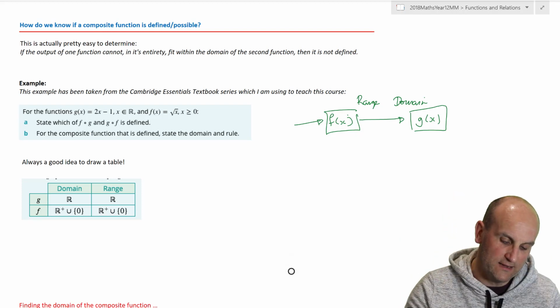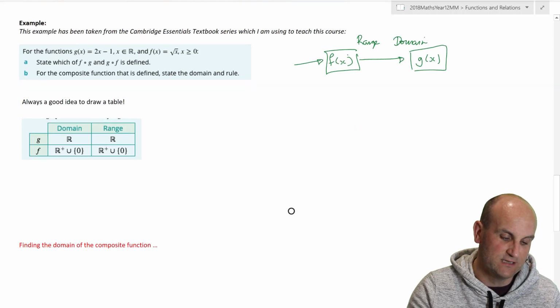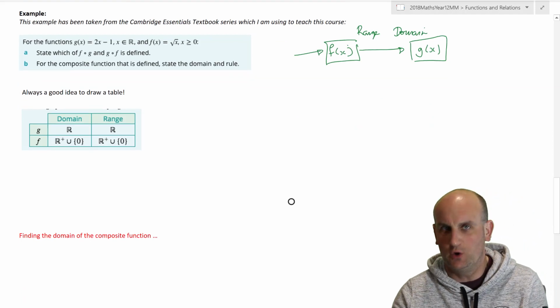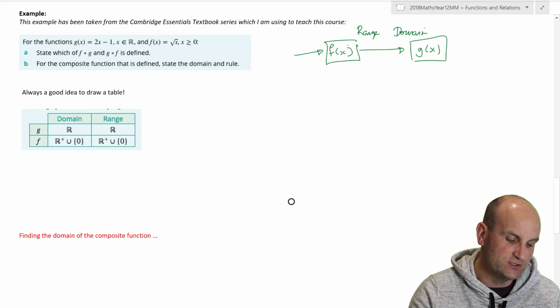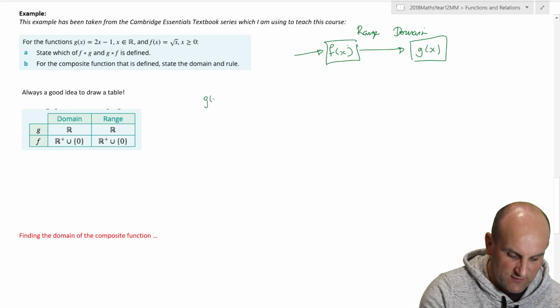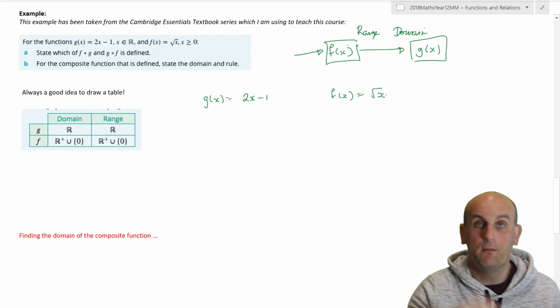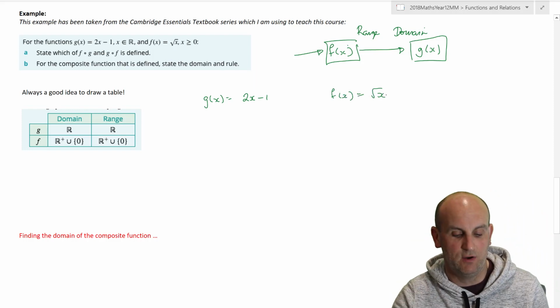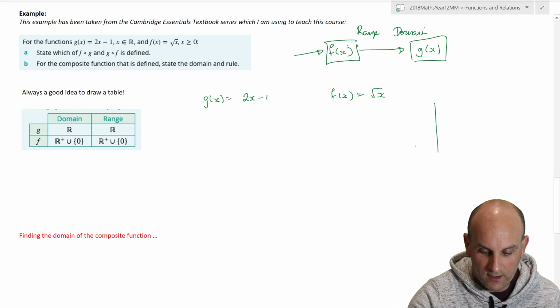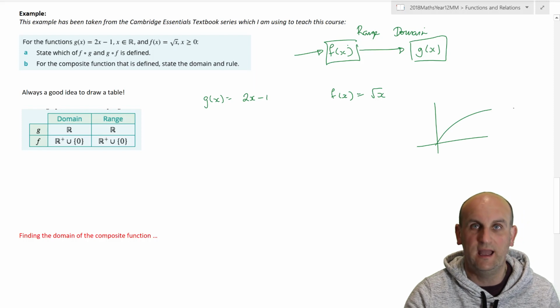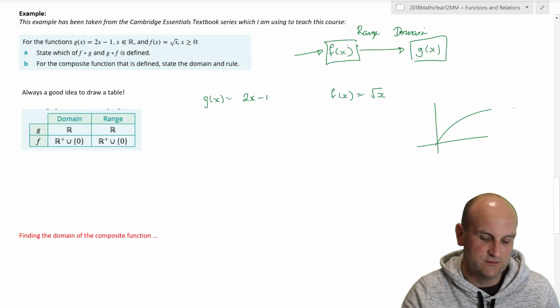Now, here's an example from the Cambridge Essentials textbook, which is the textbook series I am using to teach this course. What it says is, for the function g of x equal to 2x minus 1, and f of x equal to the root of x. My brain, the second I see these, is saying I need a quick sketch of what these are going to look like. I know that's a standard function. There's my root x, and I've already started thinking about domains and ranges.